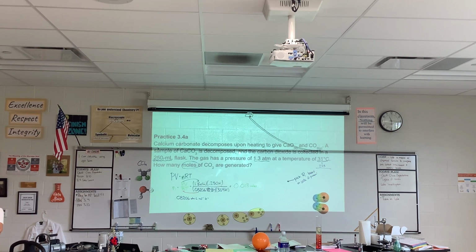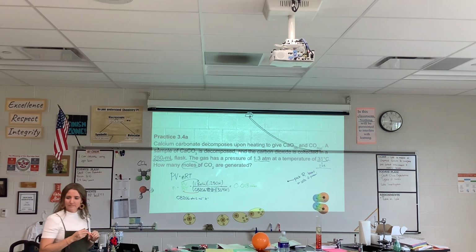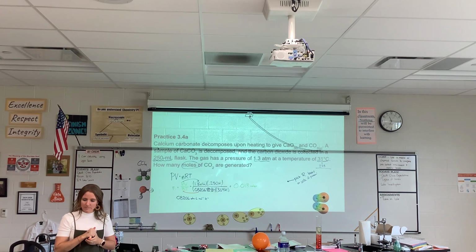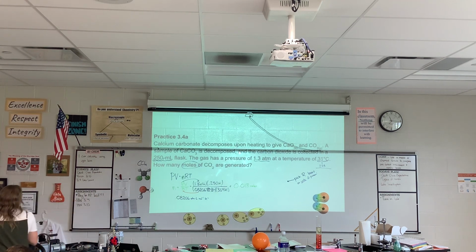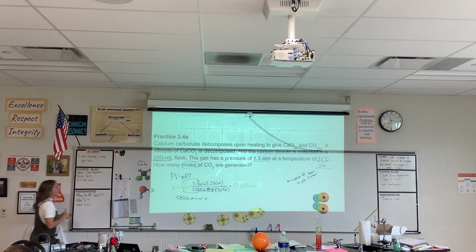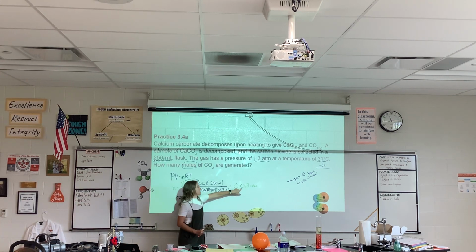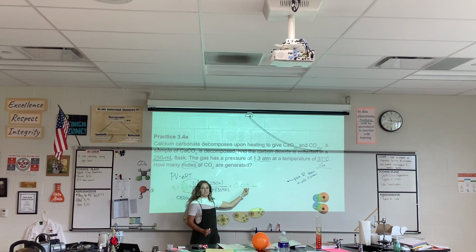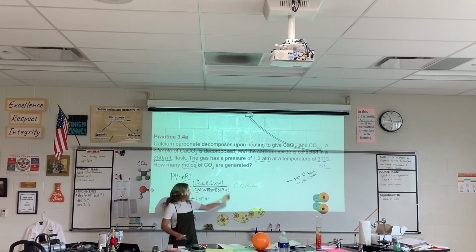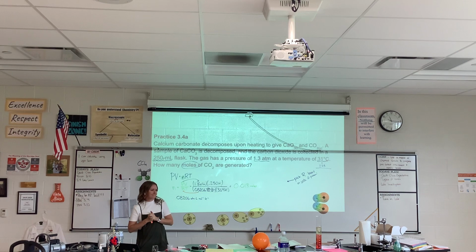Does that help? Oh, sig figs. So 1.3 is 2 sig figs, and so zeros in front don't count. Any other questions before I have you try for the first time?